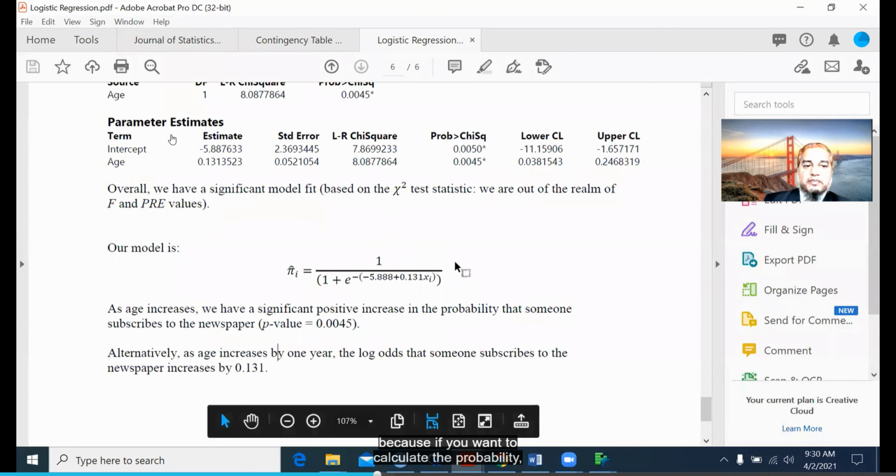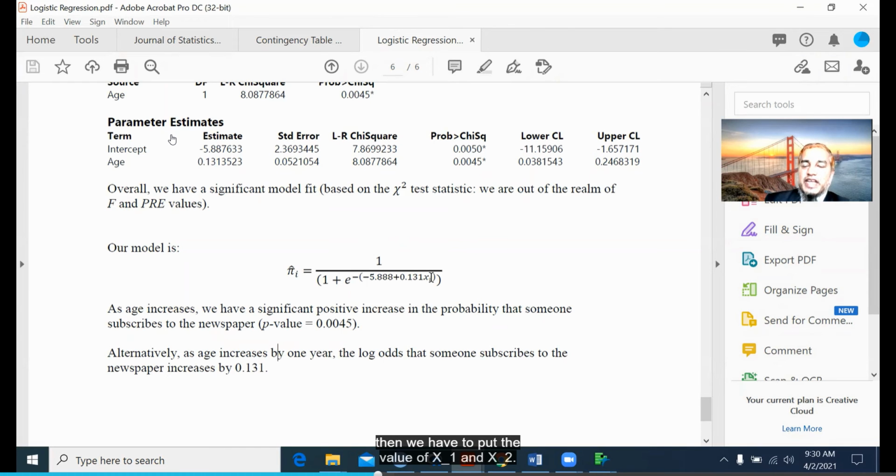If you want to calculate the probabilities, then we have to put in the values of x1 and x2. But here we can say only one thing: if the client's age is increasing, we have a significant positive increase in the probability that someone got a flu shot. Make sense?